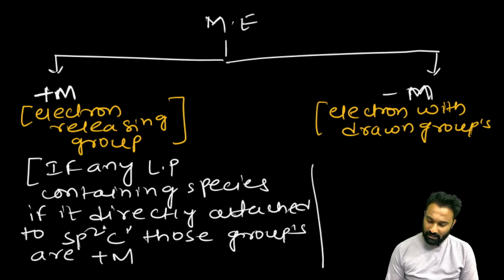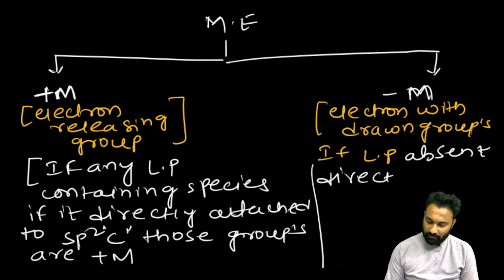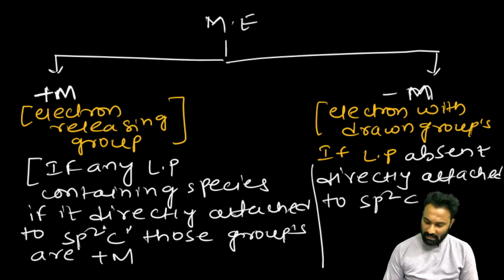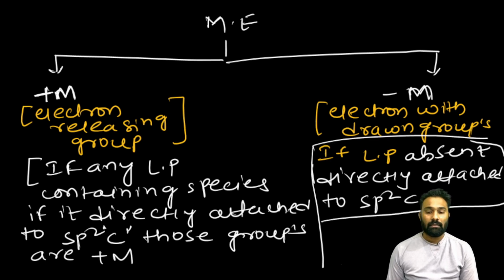Now, what is the meaning of minus M? If a lone pair absent species is directly attached to an sp2 carbon, those groups are called minus M. Done? Clear? Now what are those groups?